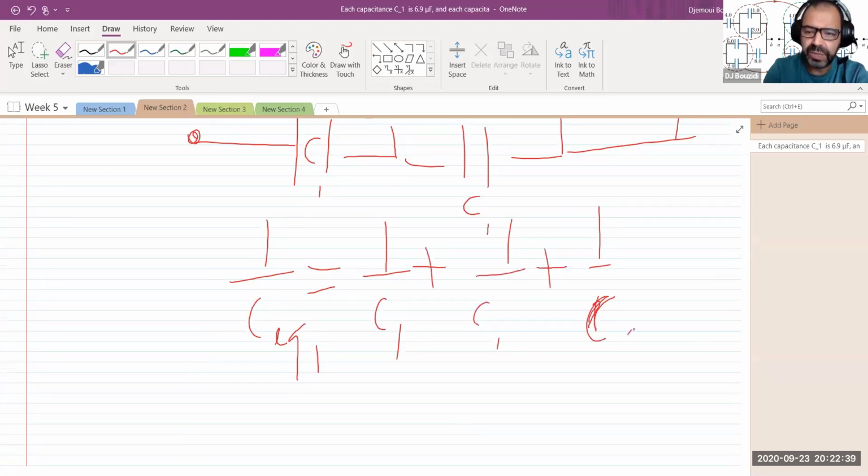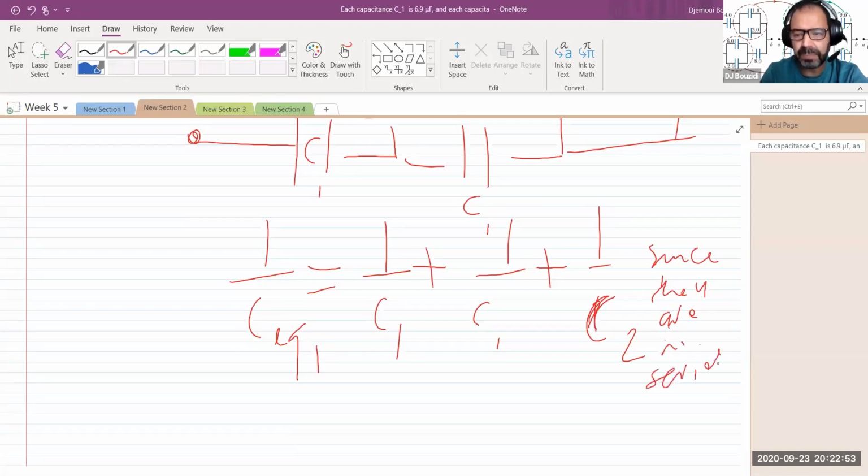And the justification for why I can do that is because they're in series. As I am solving, I'm justifying my steps. You understand? So I'm doing two steps at this point: solving and justification.